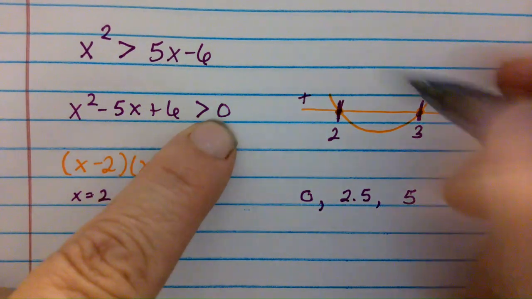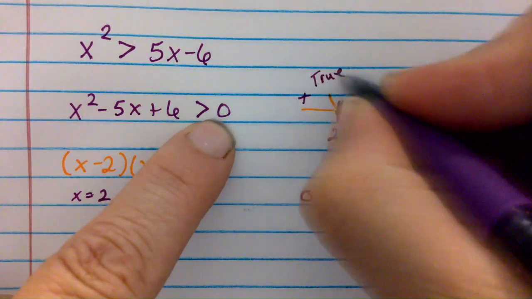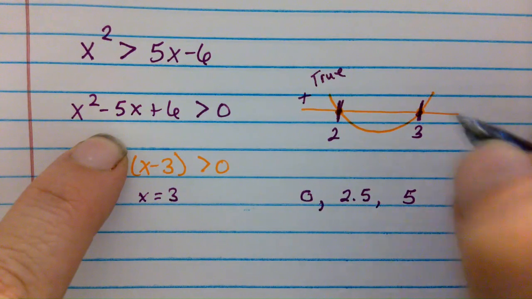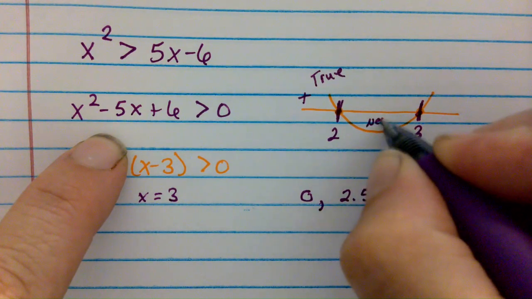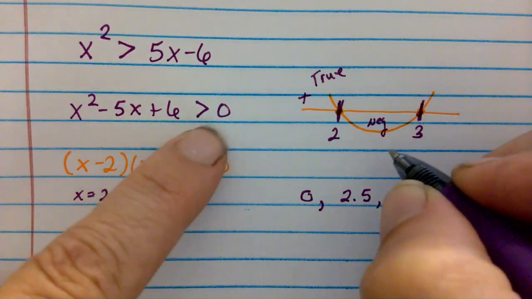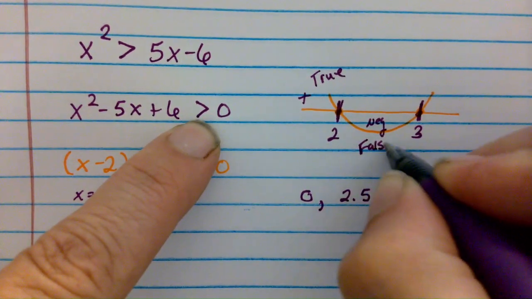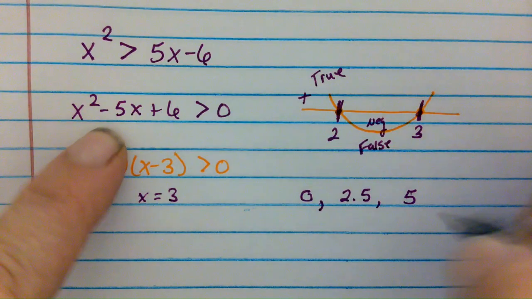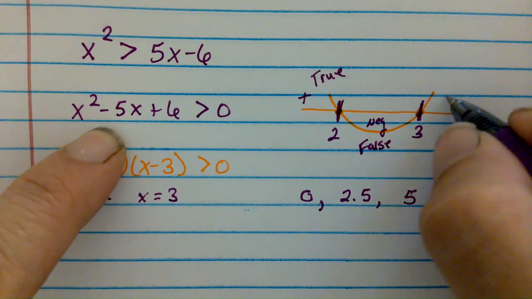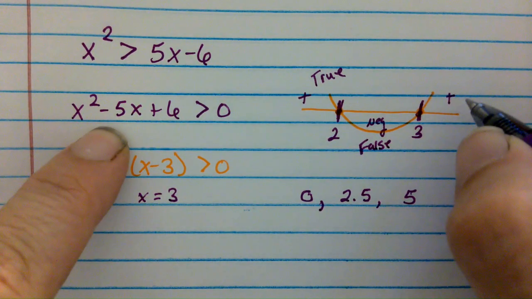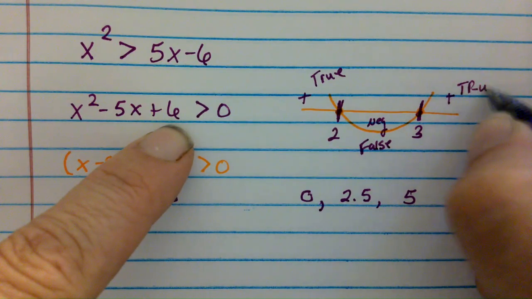And since positive is greater than 0, this section is true. If you had utilized like 2.5, you would have found out that you would have gotten a negative answer, which is below 0, which is not true. And if you would put in 5 or even 10 or 20 or whatever, you would have found out that it was a positive or greater than 0 answer, which is true.